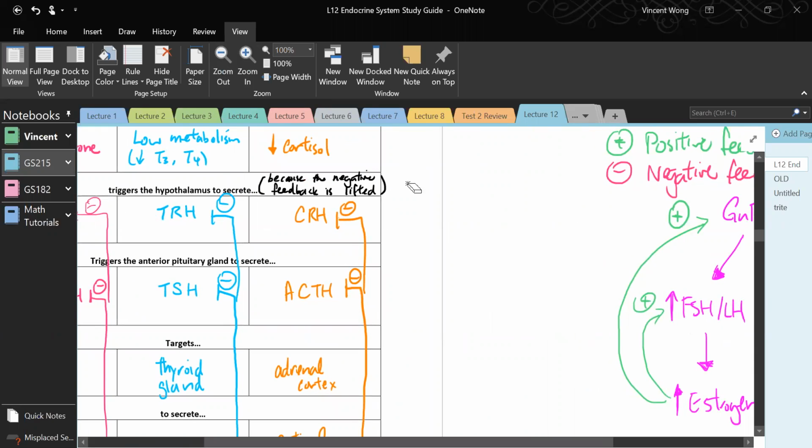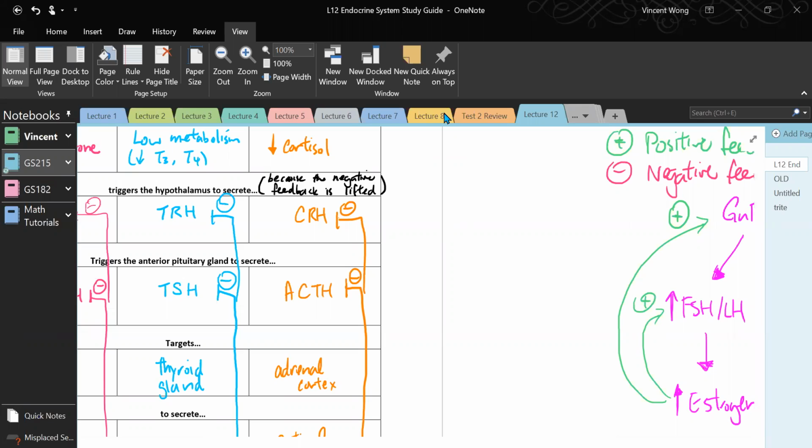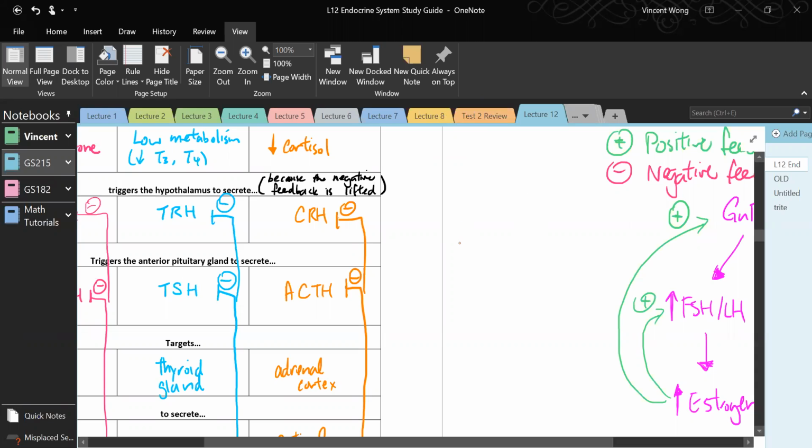Now there is one extra thing here. If a person is under chronic stress, not the type of cellular stress that we're talking about, but actual chronic stress that we mentioned, like having exams, taking care of your family, trying to make ends meet, loss of a loved one, all these external stresses.